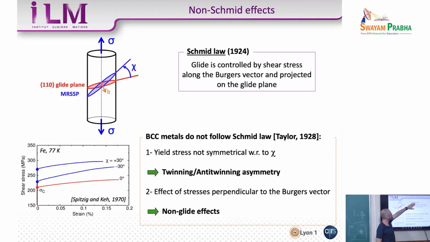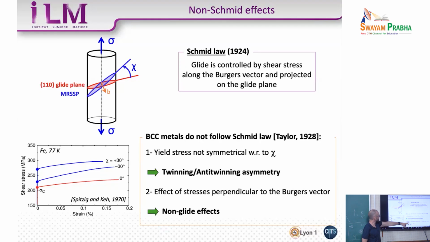We have this Schmid law that says that the plasticity is controlled only by the component of the stress tensor that creates a shear along the Burgers vector in the glide plane. And we know that this is typical of FCC metals. BCC do not follow this law, and this is known almost since the same time as the Schmid law, 4 years later. And there are two reasons why the BCC metals do not follow Schmid law.